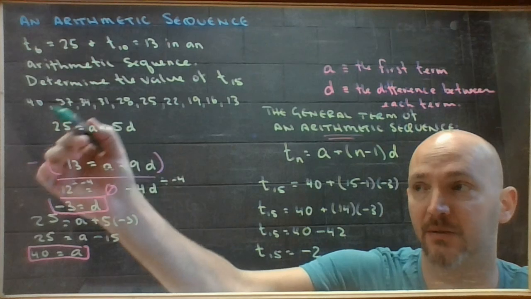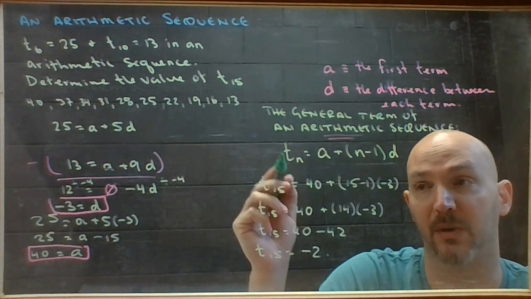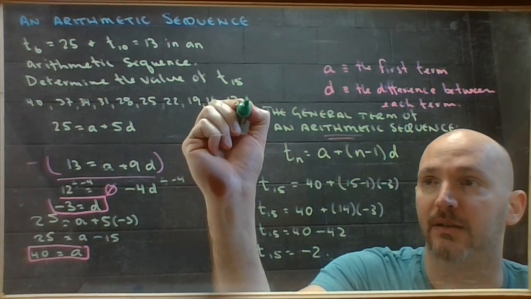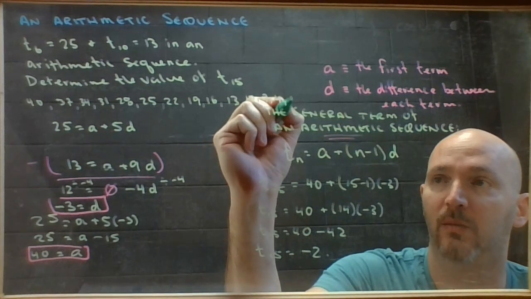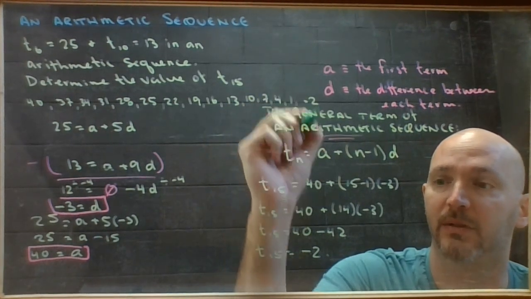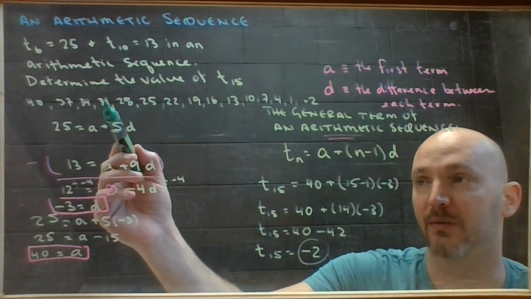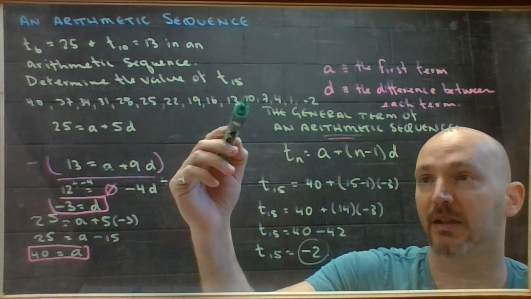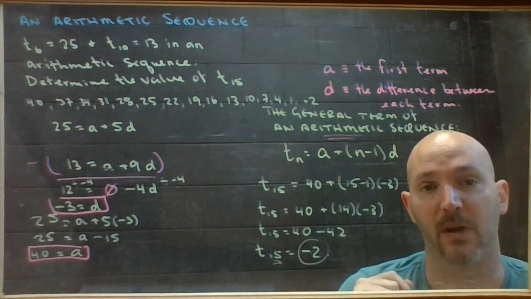There's my 10th term. 1, 2, 3, 4, 5, 6, 7, 8, 9, 10. Right where it should be. Then 10, 7, 4, 1, negative 2, which is that last term I was asked to find in the 15th spot, right where it should be.